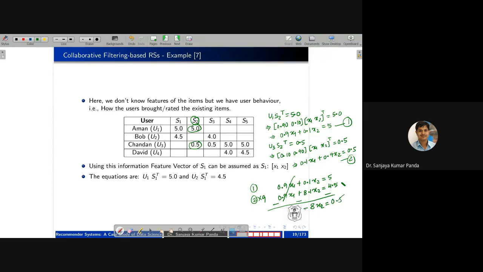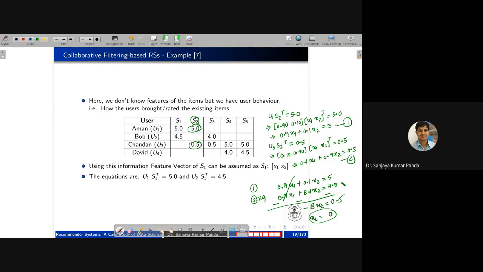So if you find the x2 value, you will get x2 close to 0 only. The value is going negative. That's why the value you can consider here is 0. The value of x2 is 0.